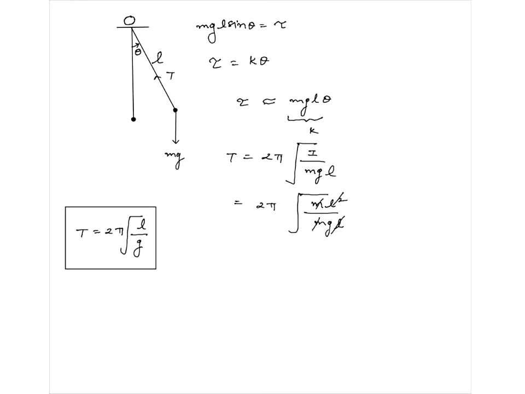Now, what is done in that experiment is that since the angle is very small, you shouldn't be taking a large angle, because in our derivation we have assumed the angle is small. That is okay, you can control that.